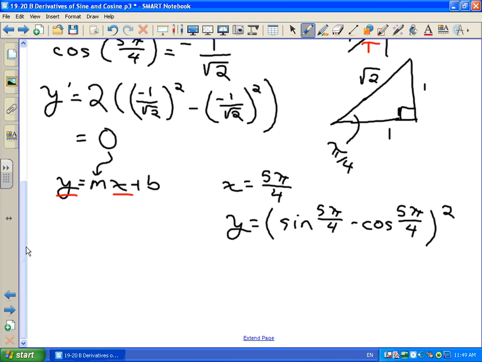So we can just sub in those values there. We get negative 1 over root 2 for each of these, and we're going to square this. And what do we get here? 0 again.